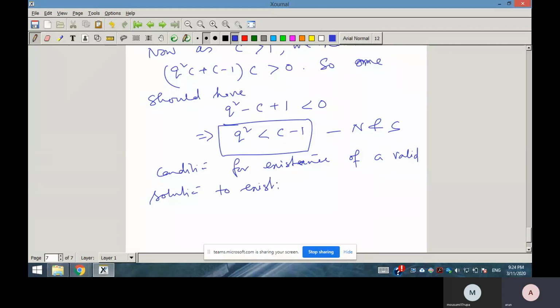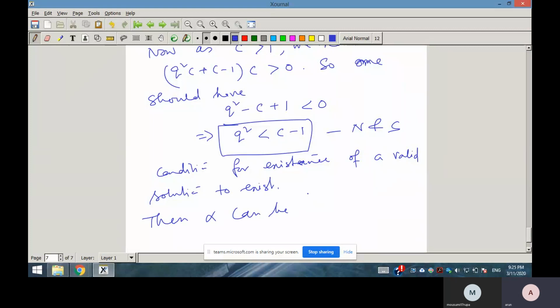Once you get the solution, then alpha can be determined.